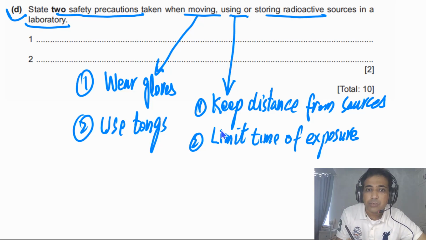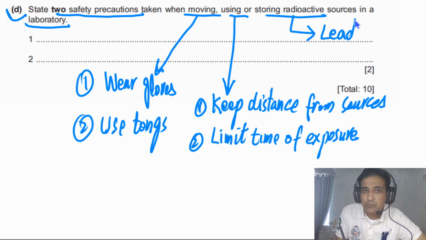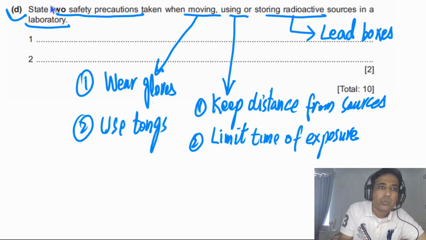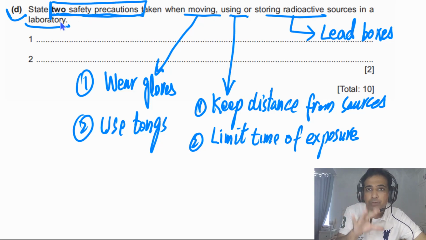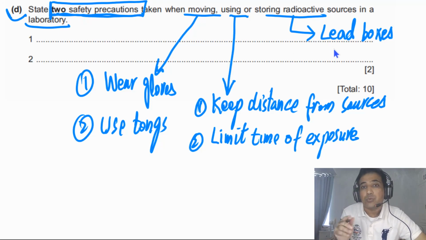Storing: we should store radioactive sources in lead boxes, or lead containers. For this question you need to write only two of them, so you can write any two of the five we have talked about.